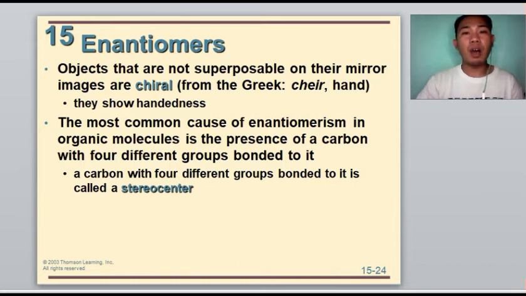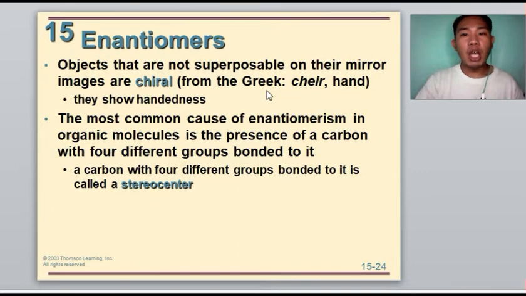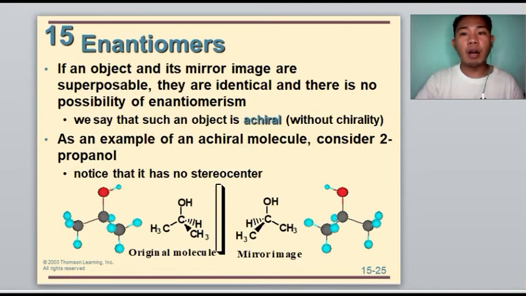The most common cause of enantiomerism in organic molecules is the presence of a carbon with 4 different groups bonded to it. Let us examine this statement further by considering 2-propanol, which has no such carbon atom.